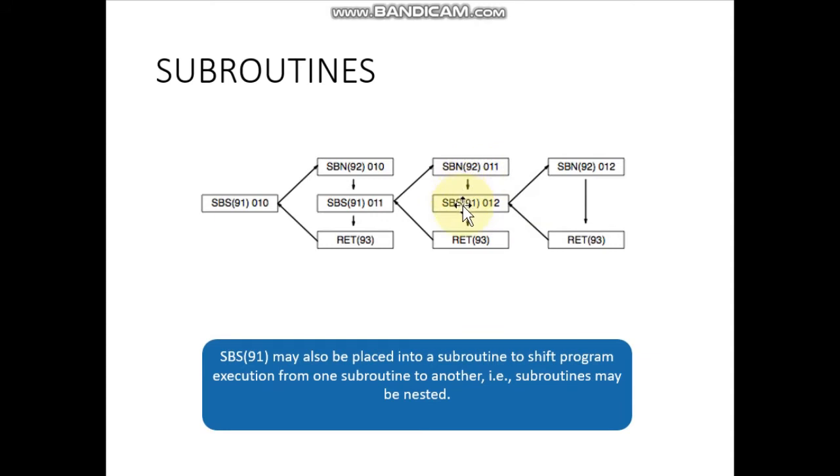When it is called, it will go straight away to where subroutine 012 is and execute whatever is inside there until it meets the return. When it meets the return, it will go back to the line after the line calling subroutine 012. It will go to that line and execute the rest of the subroutine.